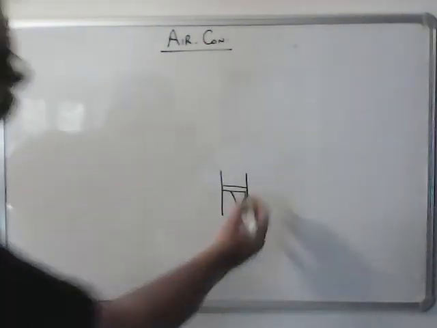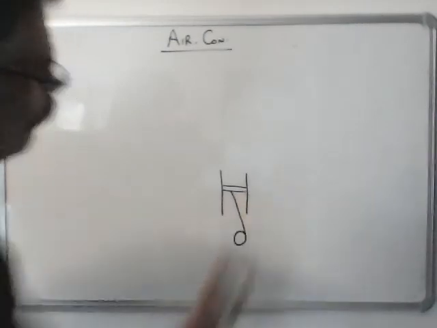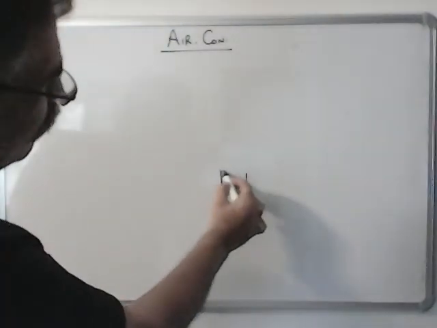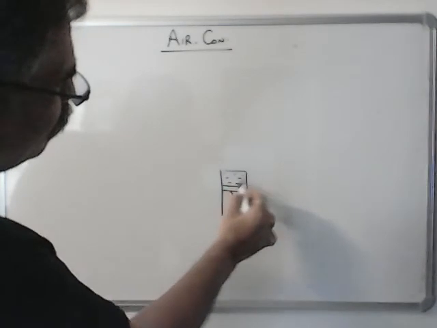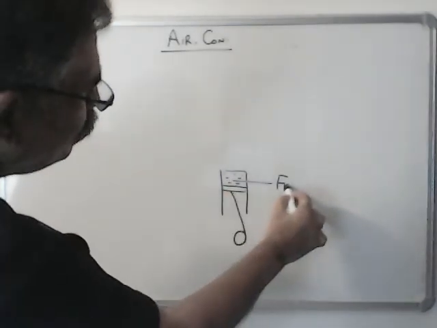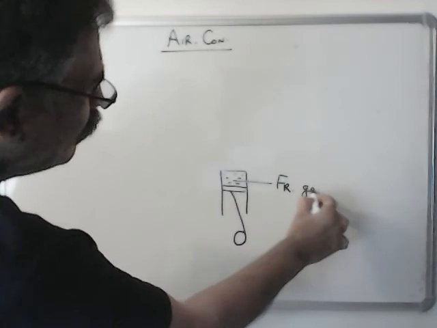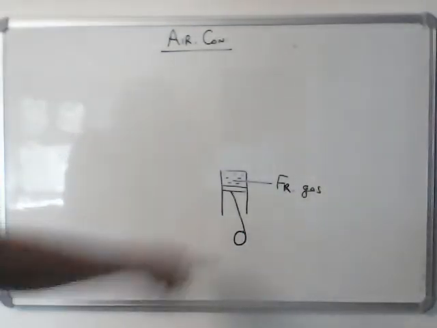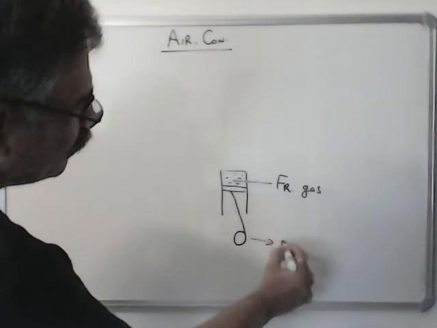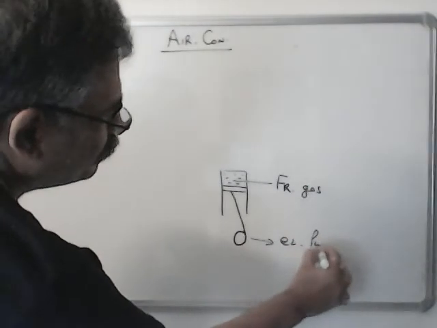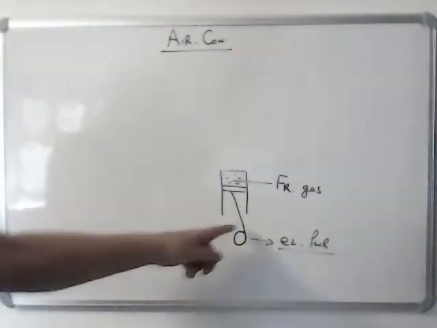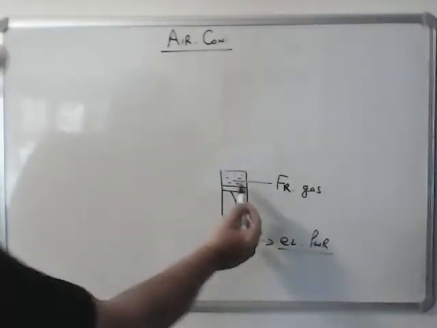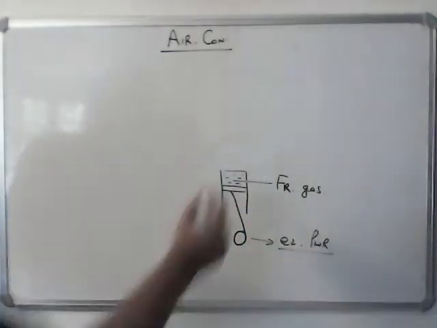But here there is no fuel injected, so the space above the piston is filled with freon gas, and the crank is rotated by means of an electric motor, electric power. Once the crank is rotated, the piston moves up and the freon gas gets compressed.